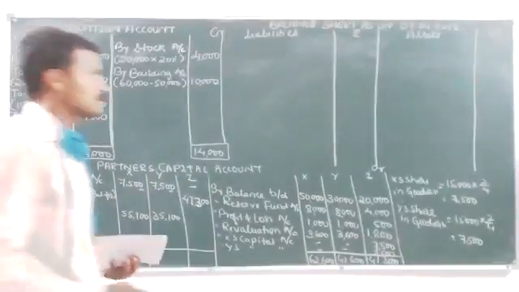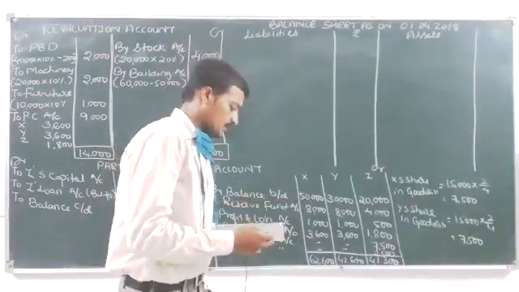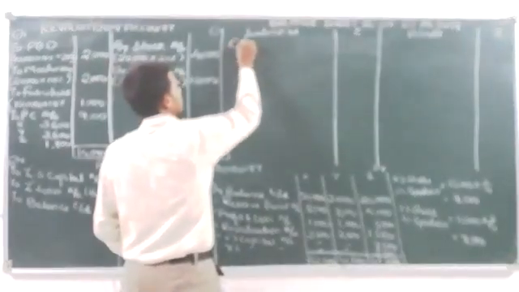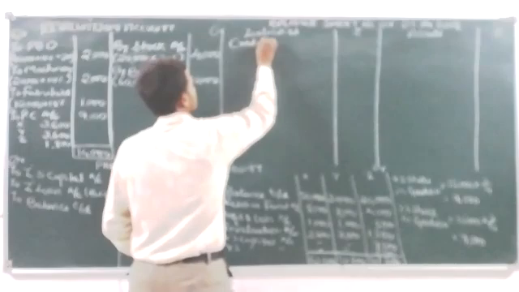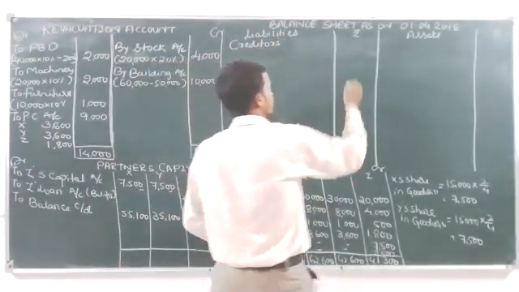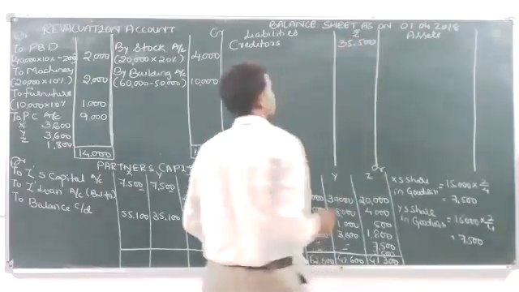Liabilities rupees, assets rupees. So the first is here creditors, and the amount of creditors is 35,500 and there is no change.